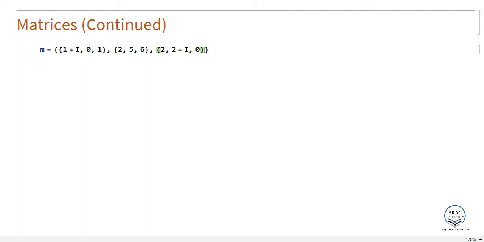For simplicity and less typing, I am taking a 3 by 3 matrix, so I want to suppress the output, and now I want to evaluate what is m dagger, that is its transpose and conjugate.